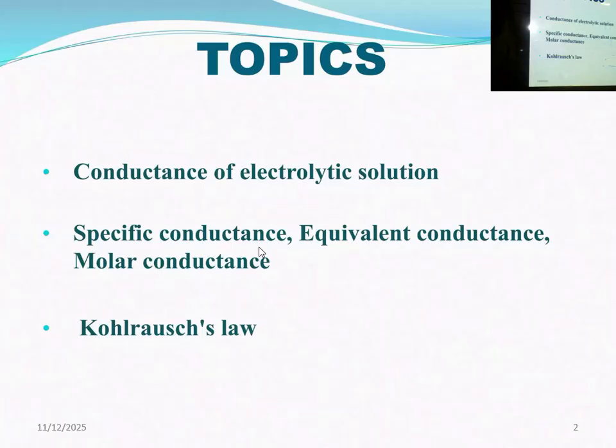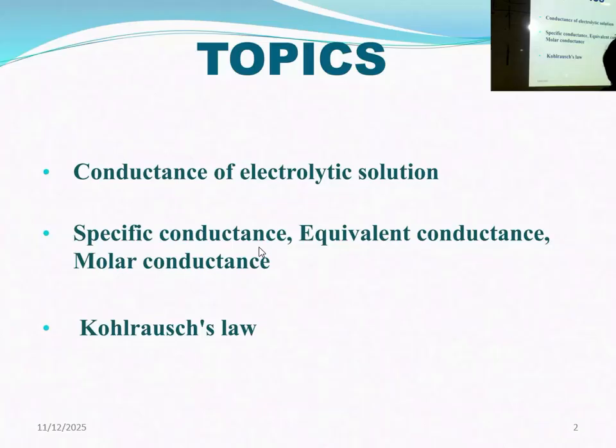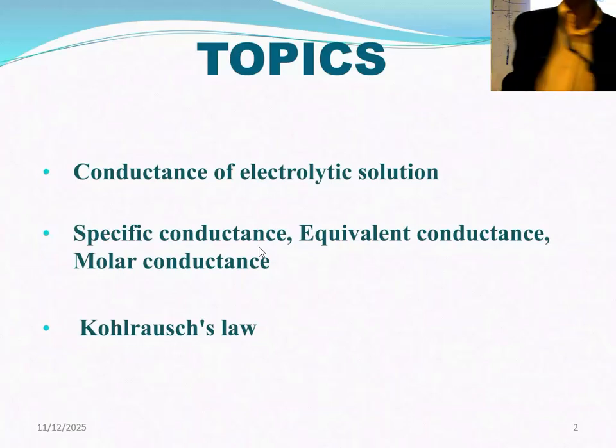Here you get the maximum dilution, and in maximum dilution condition you can get very high conductance. That is called conductance at infinite dilution. When C tends to 0, conductance is said to be at a maximum position, that is called lambda 0. Okay, that is called the infinite dilution situation.